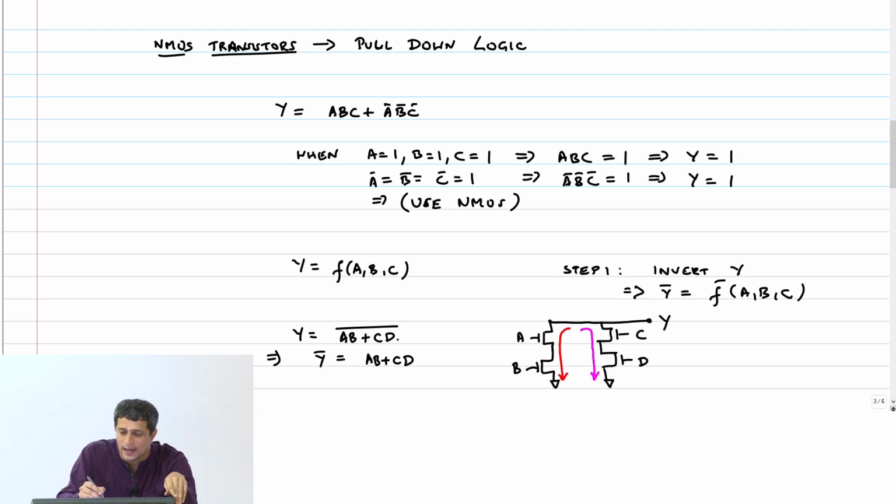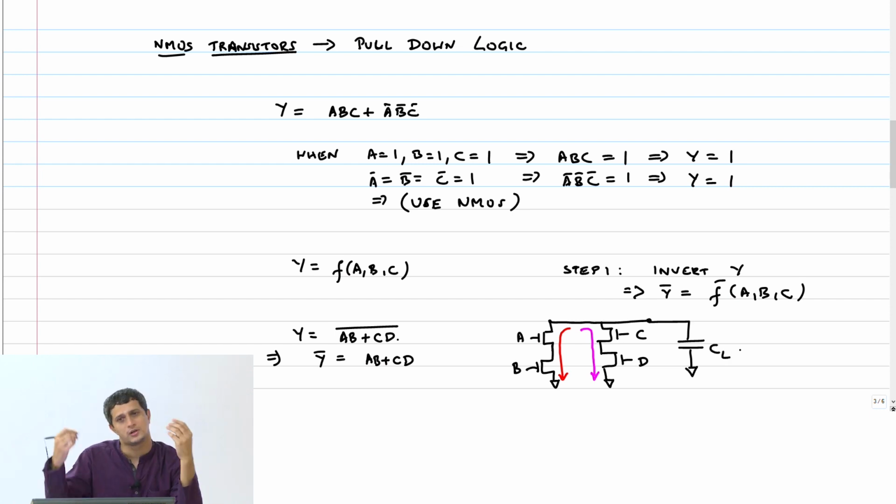What happens in the other cases, when these conditions are not satisfied, is you have a capacitor here, some parasitic capacitance, load capacitance, all of that. You have a capacitance here which is storing some value initially based on the previous state. Now suppose the inputs go into one of these other 13 conditions. That means there is no pull down path through any of these.